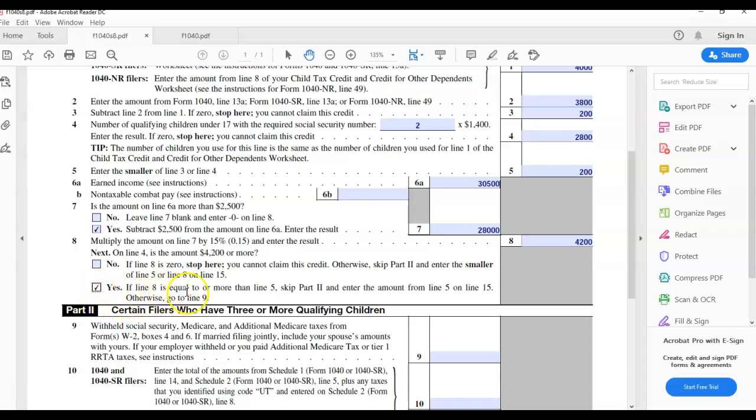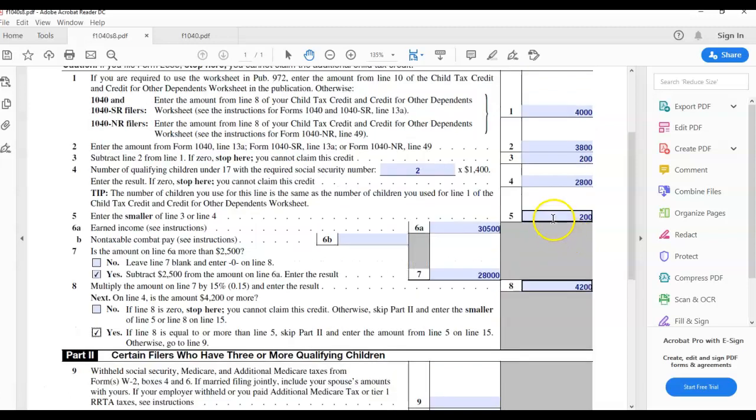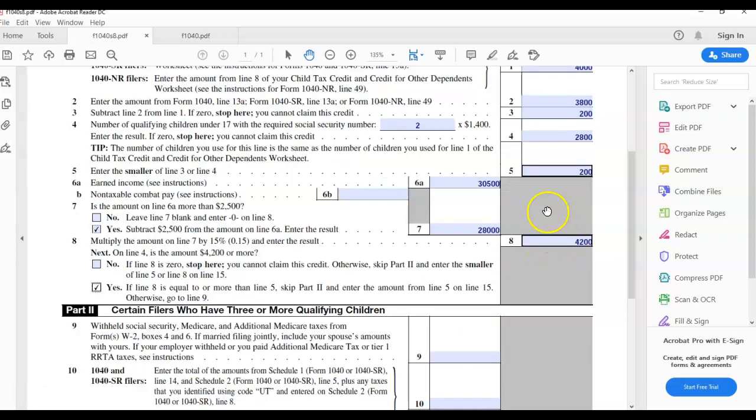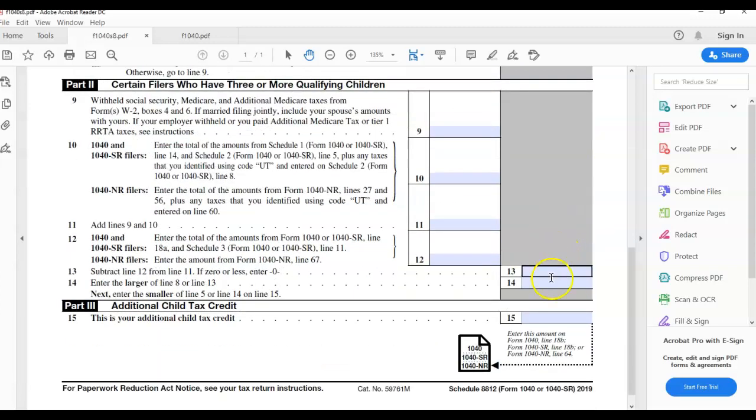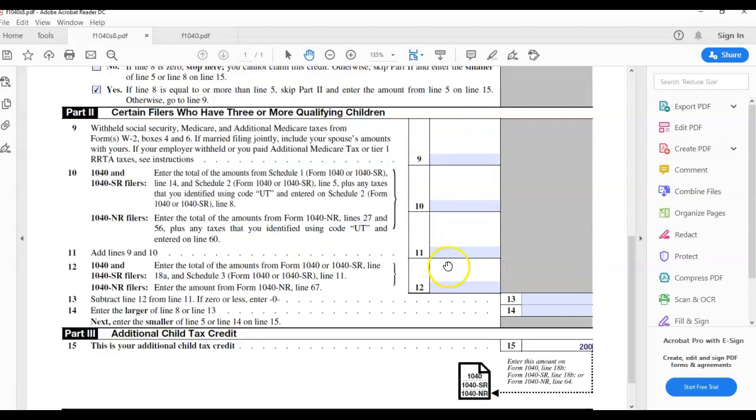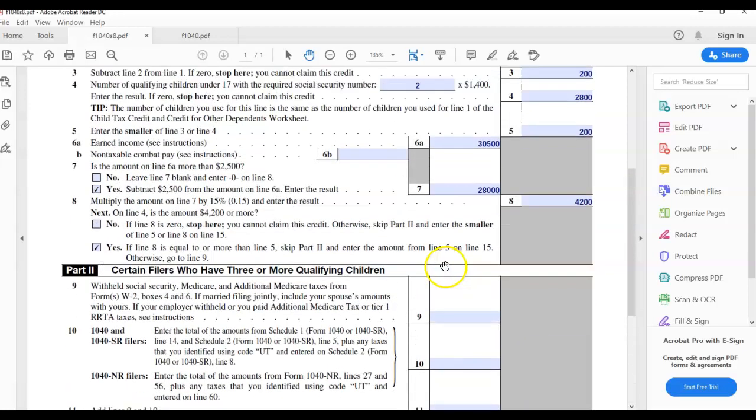It says if line 8 is equal to or more than line 5, skip Part 2 and enter the amount from line 5 on line 15. So we're going to take the 200 and put it on line 15. So the $200 left over is what they'll get in additional tax credit out of the $4,000 that they had coming for the child tax credit.